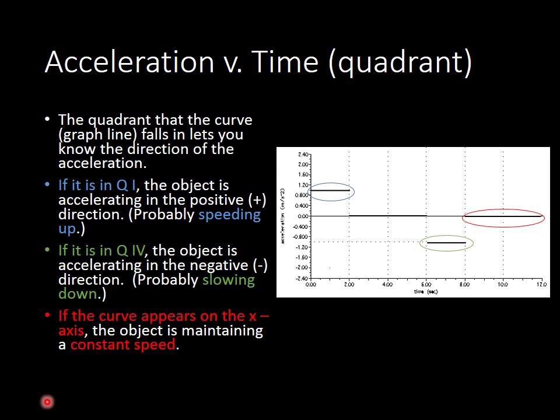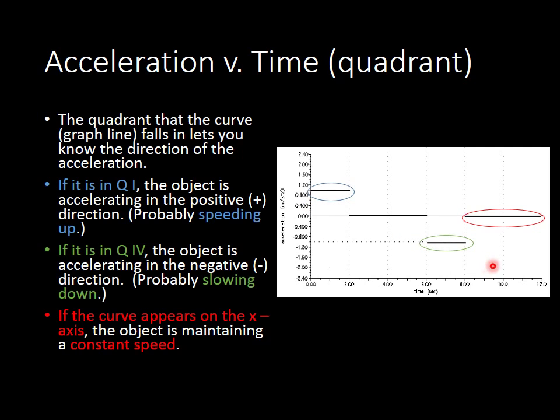All right, so the first thing when we're looking at acceleration versus time graphs that we really need to look at is the quadrant that things are falling in. And the quadrant lets you know the direction of the acceleration. So if it's occurring in quadrant one, like the one circled in blue here, then the object is accelerating in the positive direction. That probably means that it's speeding up, or turning in that positive direction.